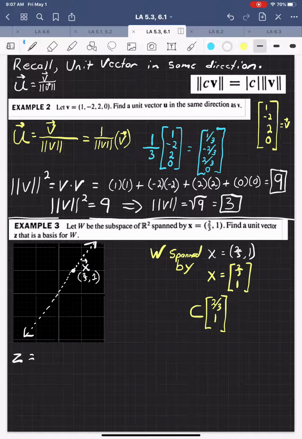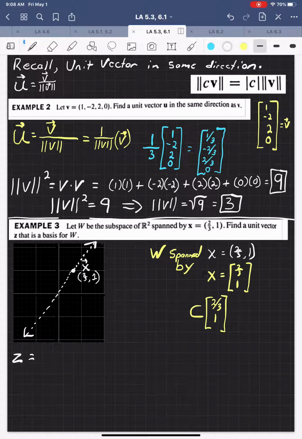Well, so clearly we need to maintain the direction, right? But we want its length to be 1. So in other words, whatever z is, we know it's going to be a unit vector.